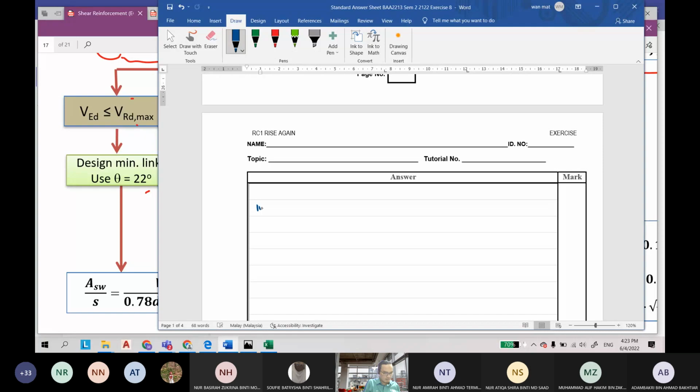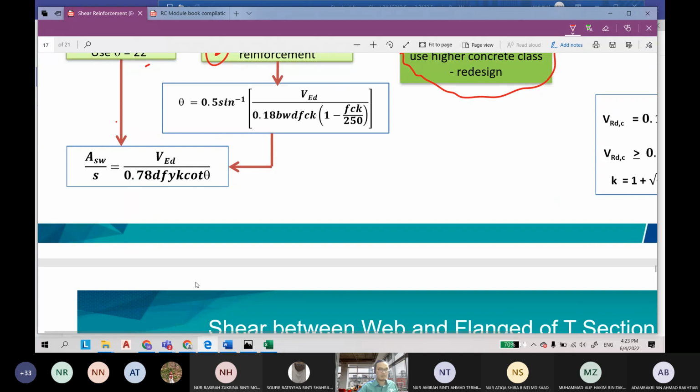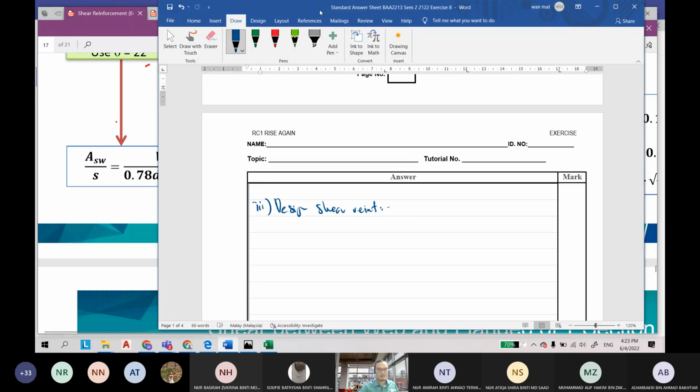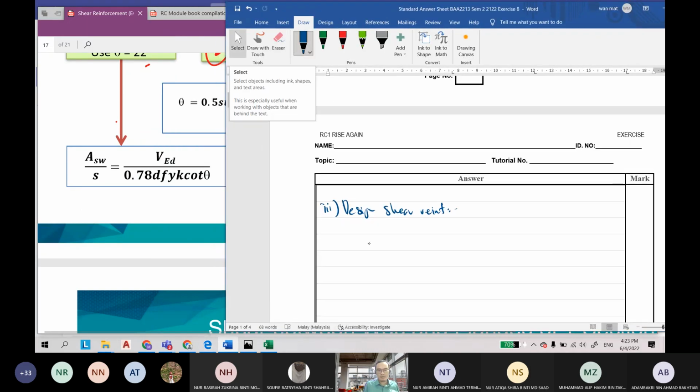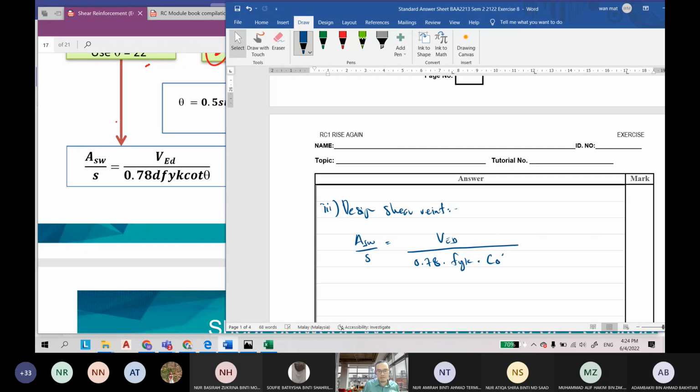Now we can go to step number 3, which is design shear reinforcement. Simply use these equations to get the ASW over S. ASW over S is equal to VED divided by 0.78 times d times fyk times cotangent theta.